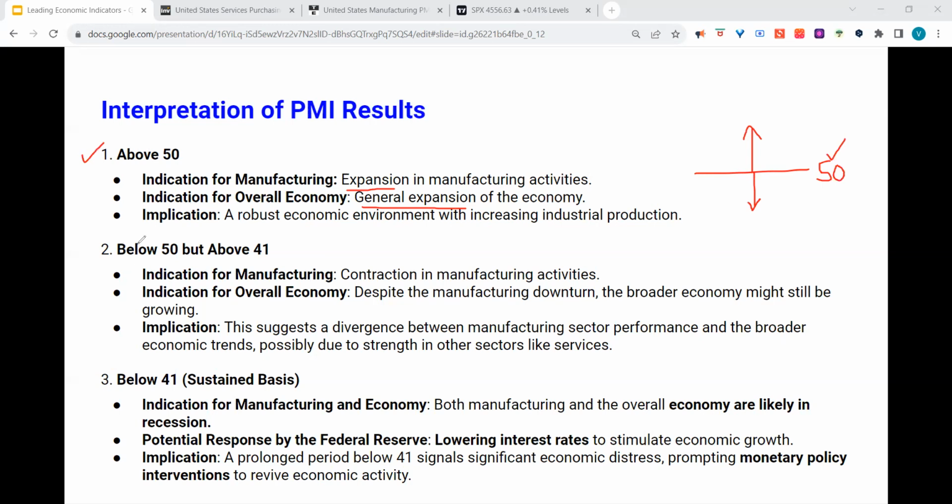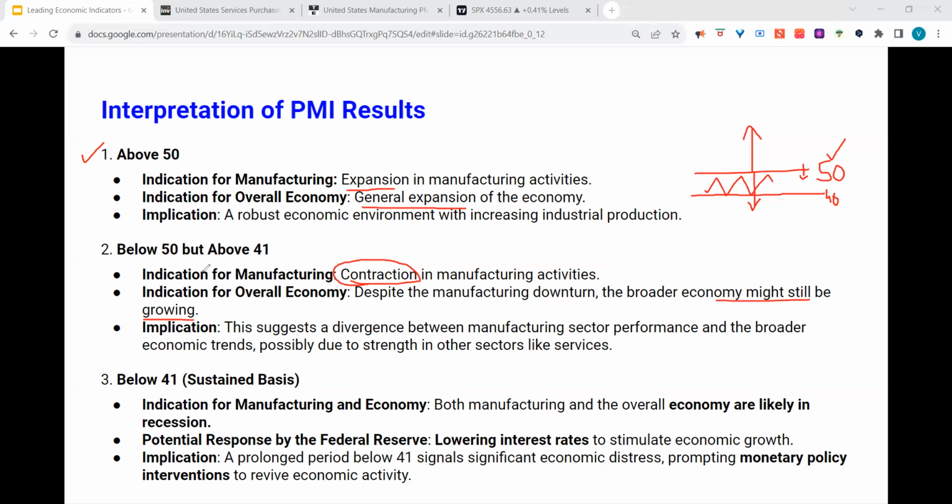Now consider what happens when the PMI is in the range above 40. Whenever PMI slips below 50, it is a contraction in manufacturing, right? But just think of it, manufacturing is not the only sector in the economy. So despite a manufacturing downturn, the broader economy might still be growing.